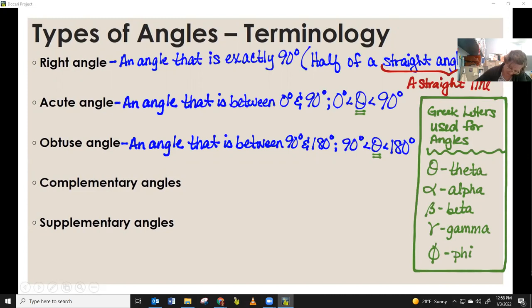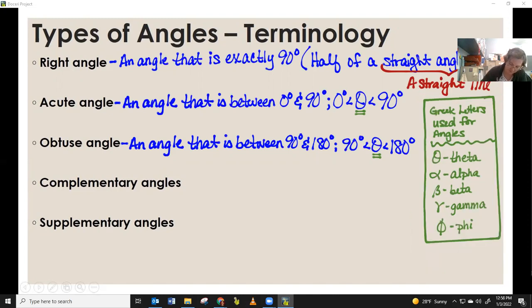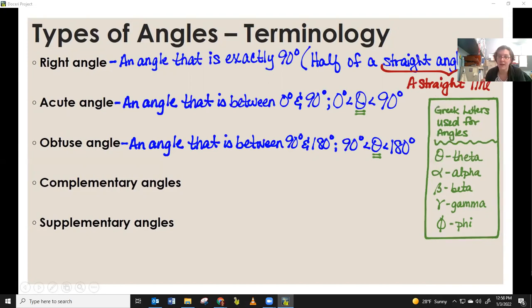Okay, so now that we've talked about those, can you guys tell me, what do I mean by a complementary angle? What is a complementary angle? Two angles that add up to 90 degrees. Absolutely correct.